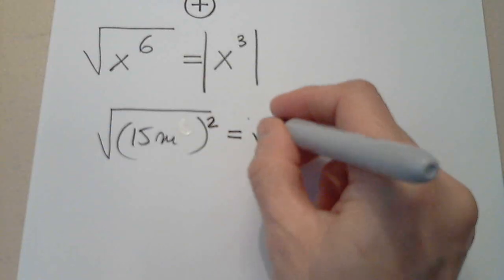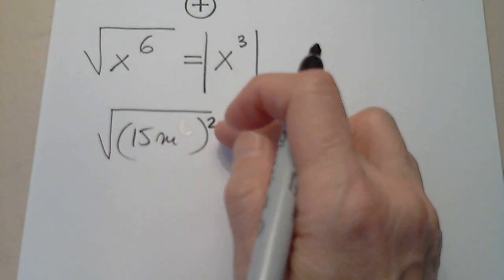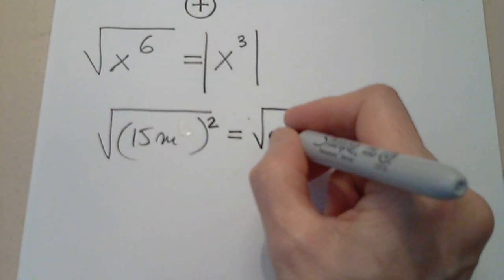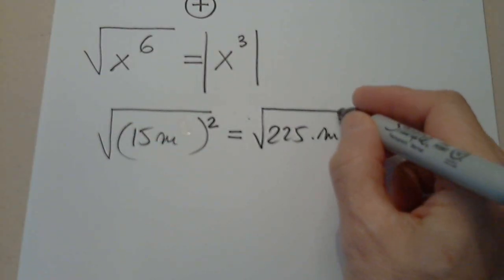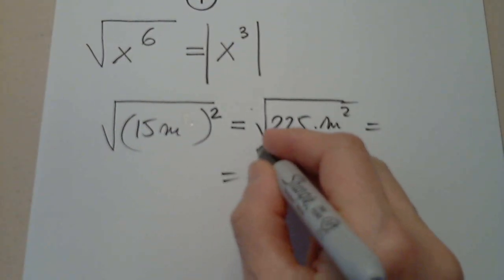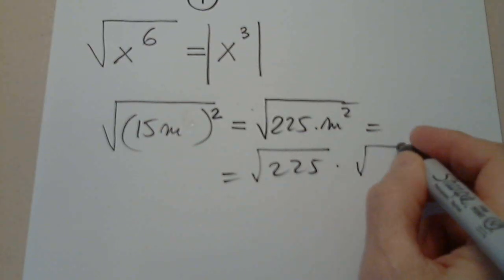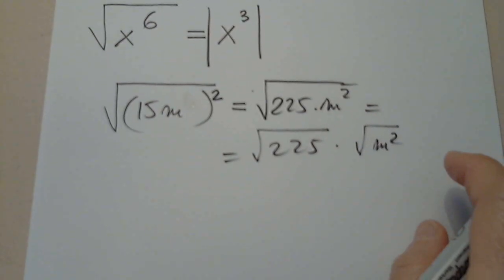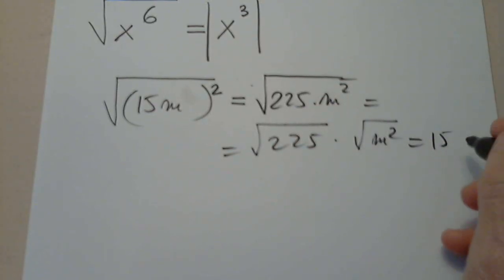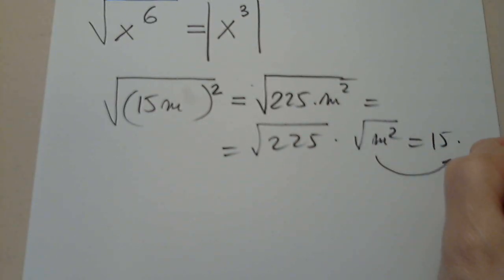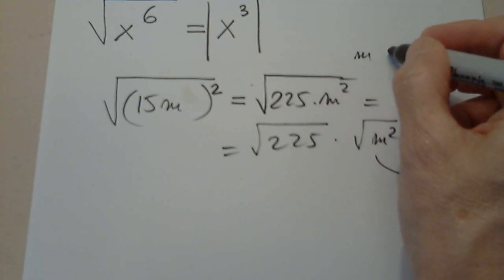So if you want, you can do this. Apply the power 2 on 15, which is 225. Power 2 on this. Then you can rewrite it as the square root of 225 times the square root of m squared. You take the square root from this, you already know it's 15. But the question is, m can be any real number.